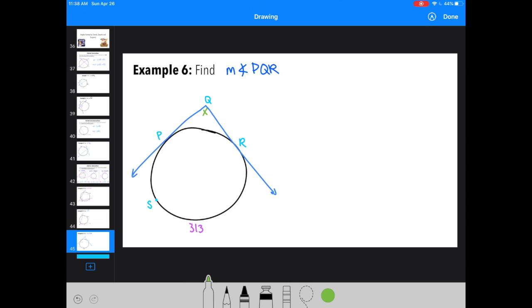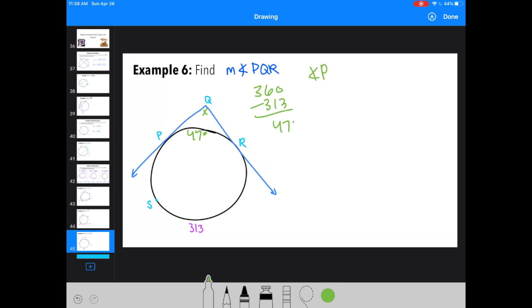All of my arcs add up together to equal 360. So if I know that outer arc, I can subtract that value from 360 to get PR. So 360 minus 313 gives me 47 degrees. The inner arc is 47 degrees.